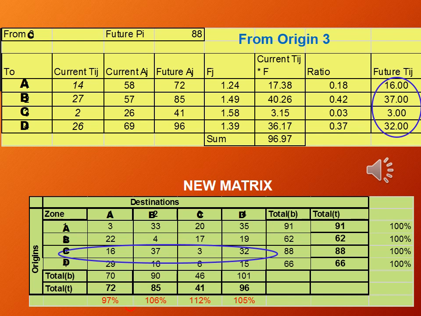We total it up and we say 17.38 divided by 96.97, and we get that first ratio, which we're going to multiply by our future P of 88 to get an answer of 16. We then do it for all 4 of our origins, and we get our future trips for our origins, which must total 88. They must be solid numbers, and we take that column and we create a horizontal entry into our new matrix, seeing there the future total of 88.